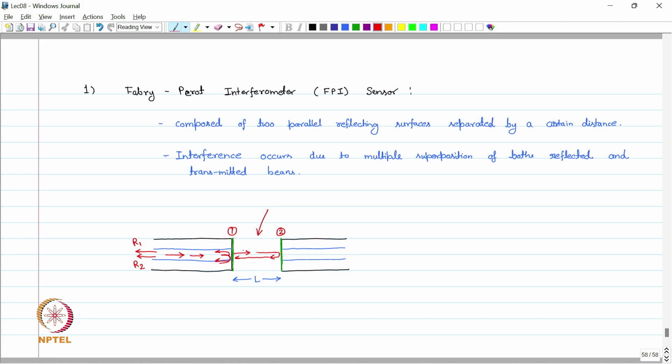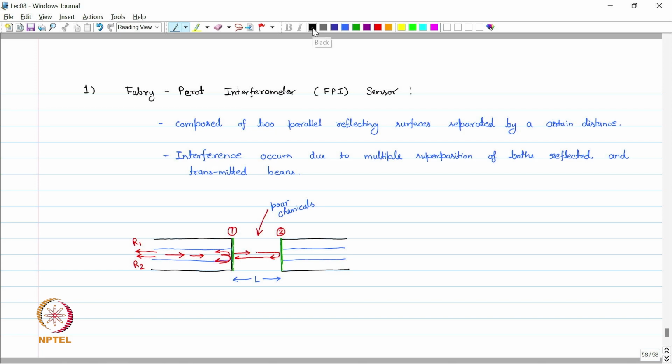This is the case where we have the extrinsic type. It means the fiber is cut in between and we have made an artificial cavity here, and we can pour liquid or chemicals here, and based on the difference of refractive index, we get different phase difference between R1 and R2.